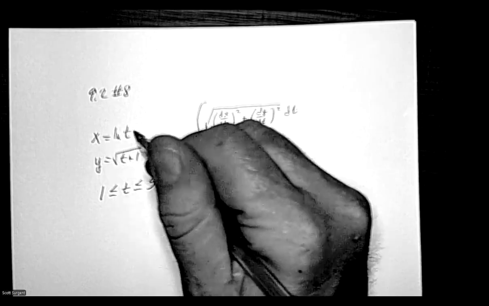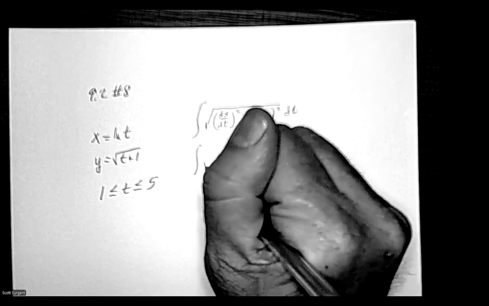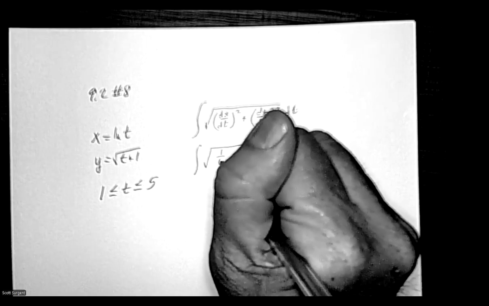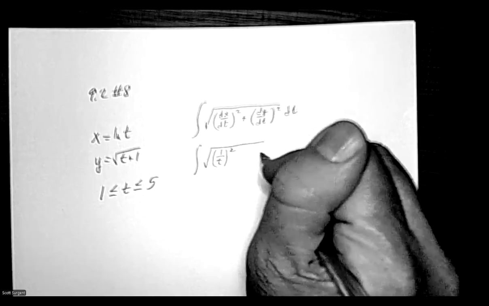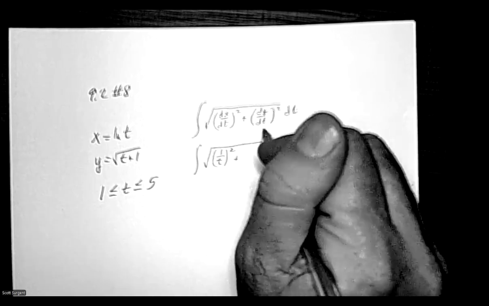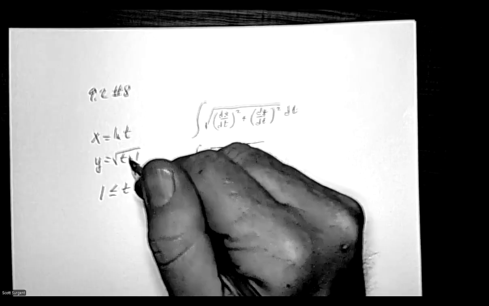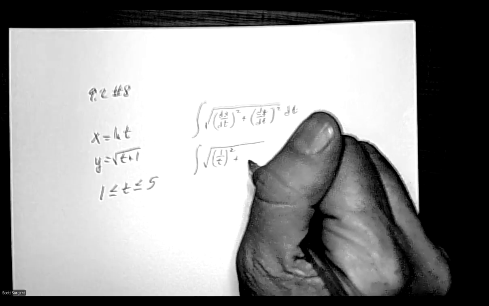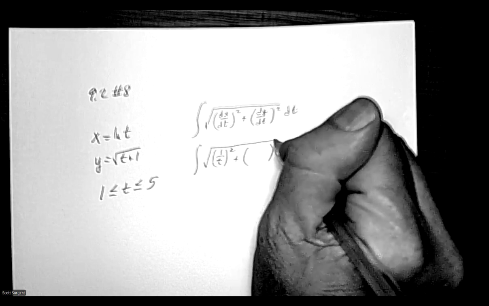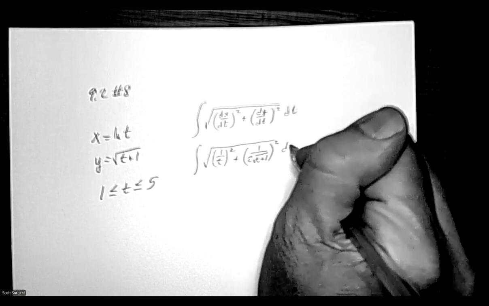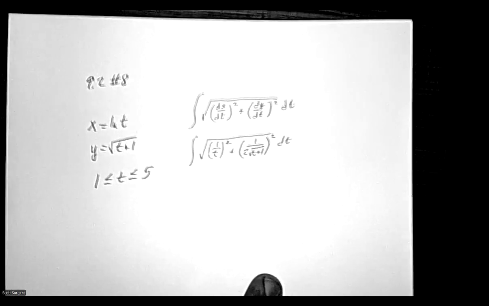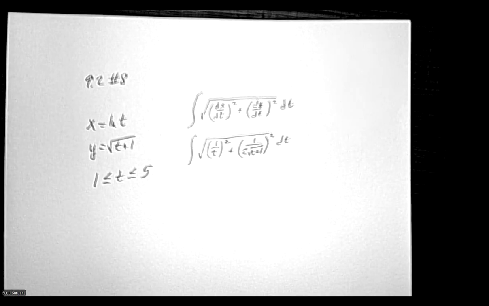So the derivative of ln t is 1 over t. I'm going to square it. And right here, I'm going to have 1 over 2 radical t plus 1, squared, dt. That should be the answer.